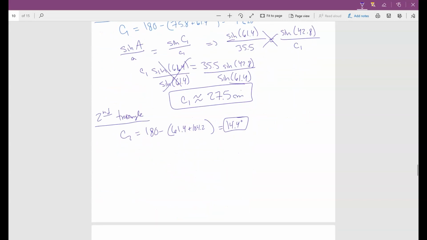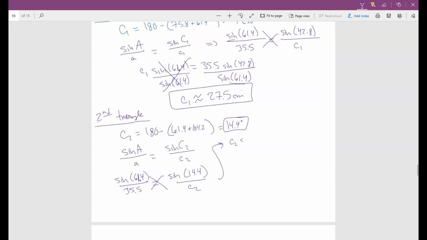Now let's figure out little c2. We can use the same thing. Sine A over little a equals sine C2 over little c2. So this is going to give me sine of 61.4 divided by 35.5 is equal to sine C2, which in this case is 14.4 degrees, divided by little c2.